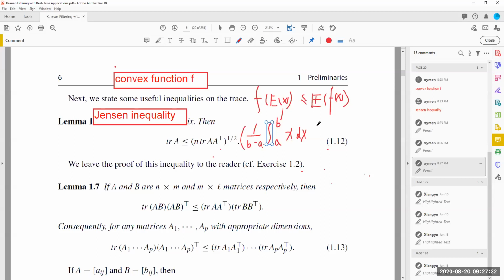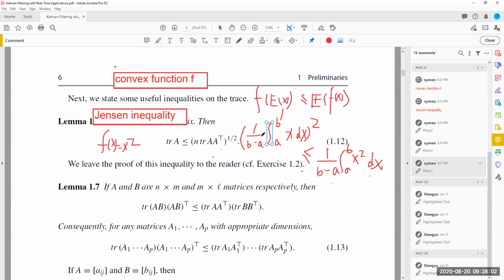Then we apply the f function. Still, I use f(x) as x squared. This square is less than the mean of f(x). So f(x) is basically x squared. If I take the mean of it, it's basically the integral from a to b, and the average is divided by b minus a.